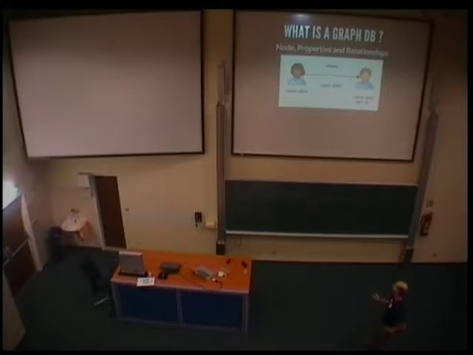Relationships, we've got one relationship here. And properties. Both nodes and relationships can have properties. And in Neo4j, relationships have both a type and a direction. So here we see that there is a relationship going from Alice to Bob, and it is of type knows.